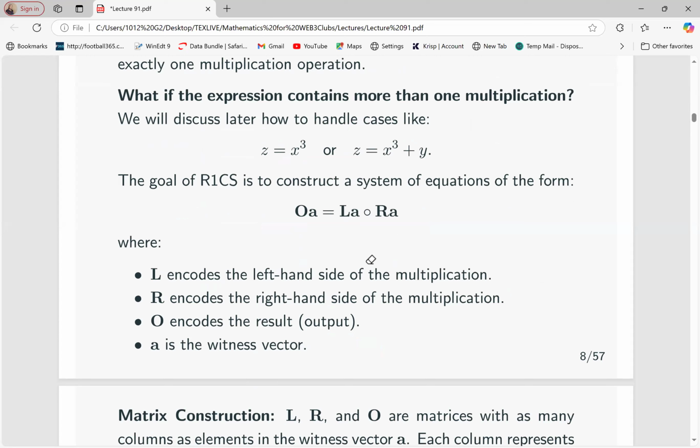Now, we'll be converting all these things into vector form, into matrices, and then we just multiply. This A is a vector.